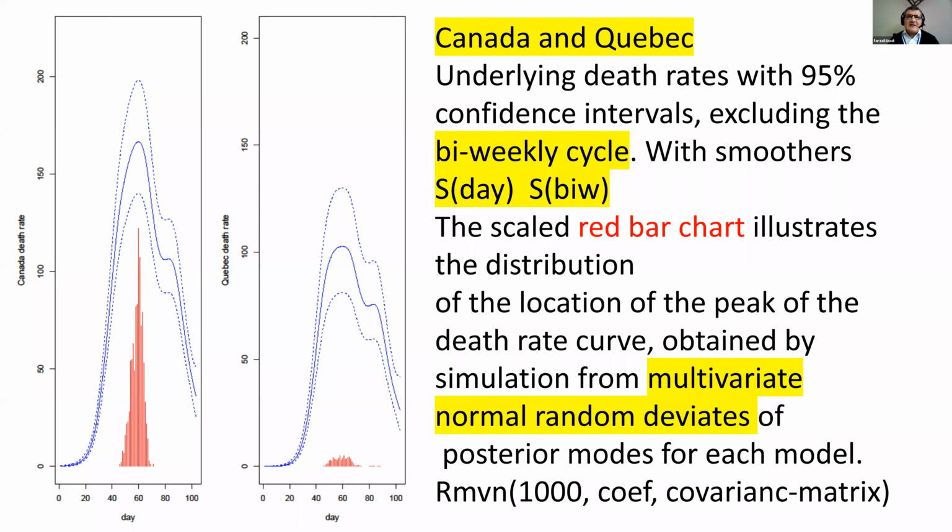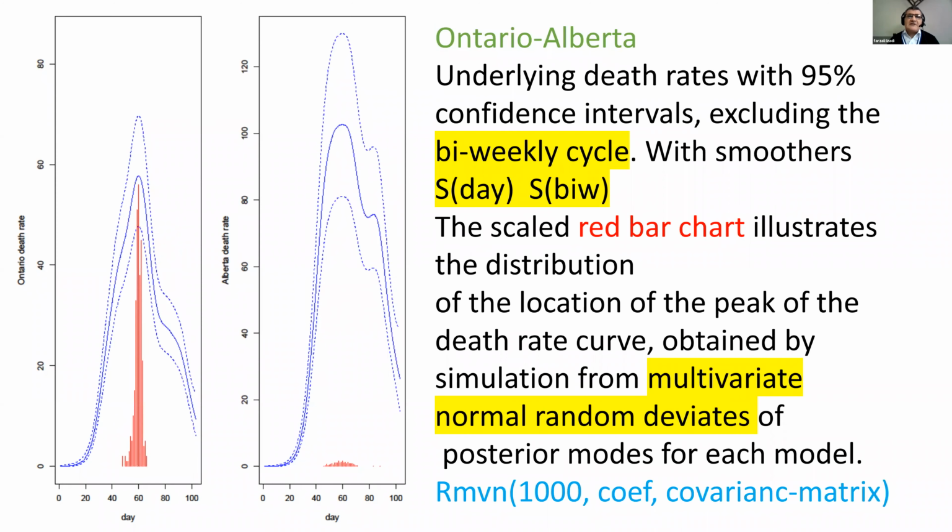The scaled red bar chart illustrates the distribution of the location of the peak of the death rate curve, obtained by simulation from multivariate normal random deviates of posterior modes for each model. We take 1000 replicates for each case. Same for Ontario and Alberta.